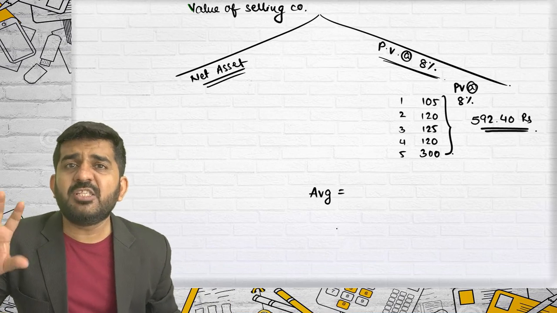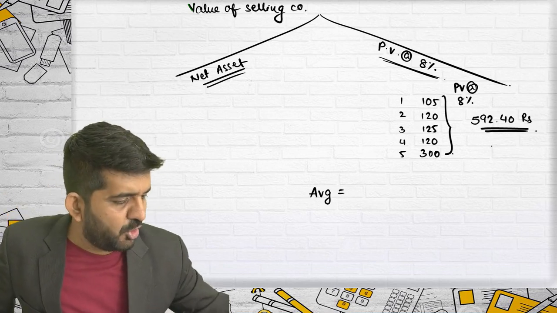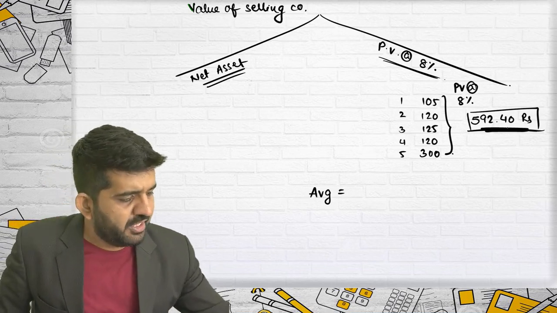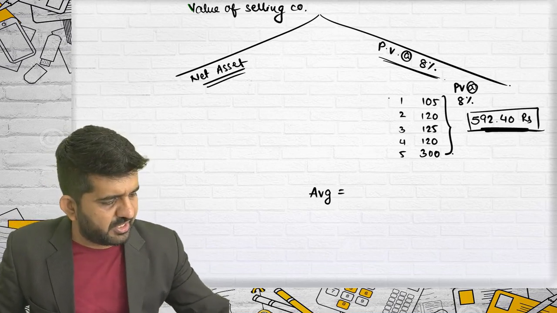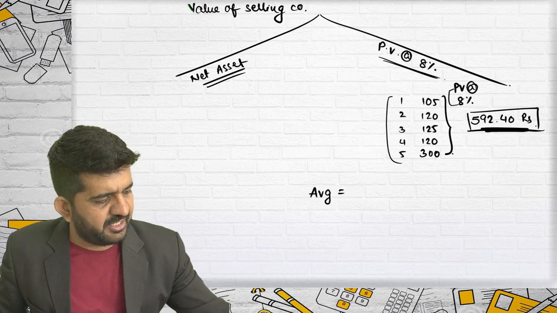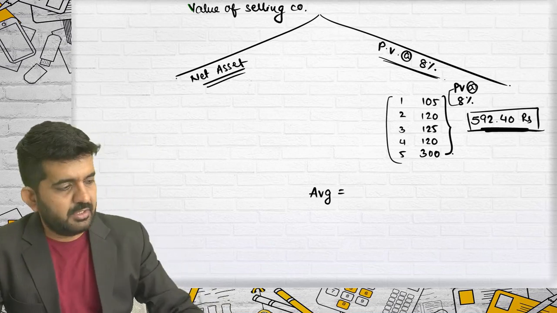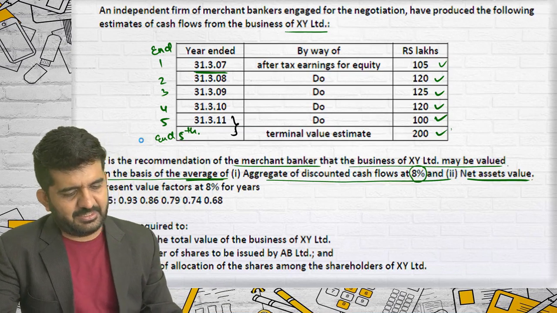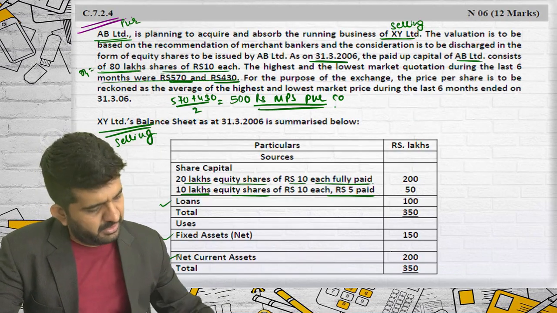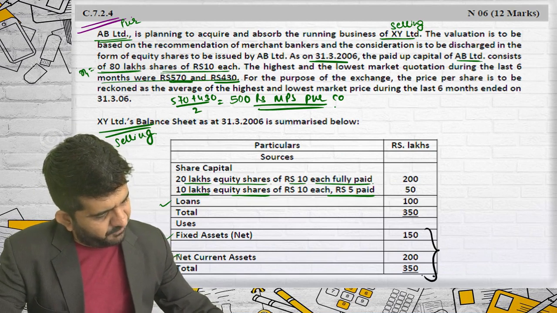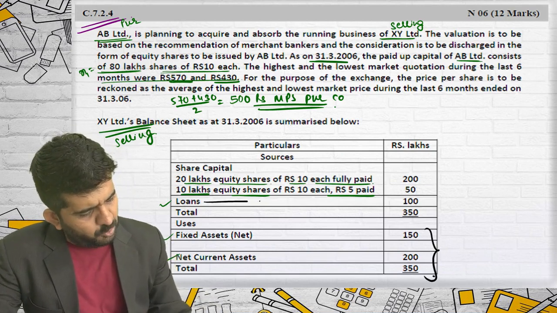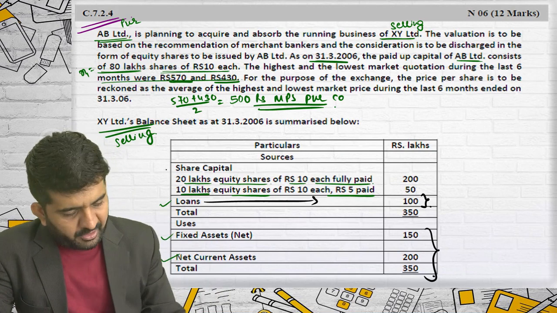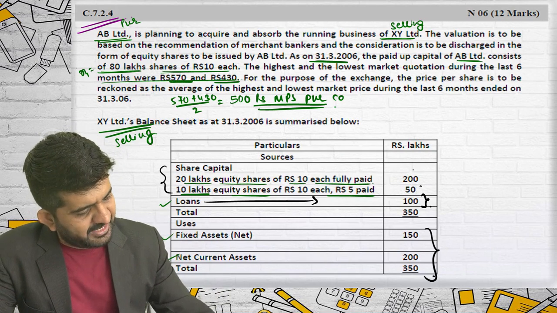So, what is the valuation of the selling company based upon present value of future cash flow? It is 592.40. These are the cash flows which I have discounted at the rate of 8%. This is my answer. What is the value of the selling company based upon net asset? Net asset is the total asset 350 minus outside liability 100, that is 250, or it can be found out by share capital plus reserves.